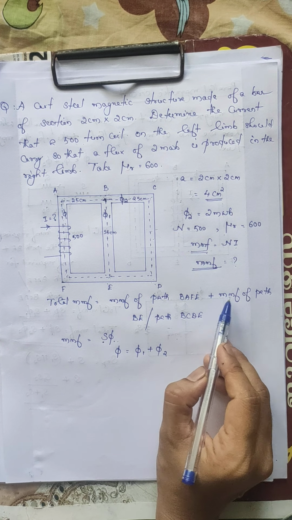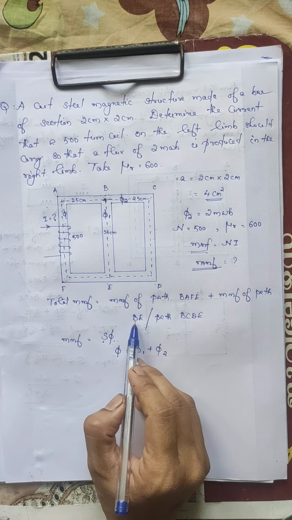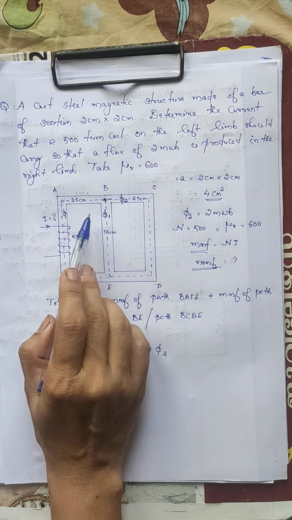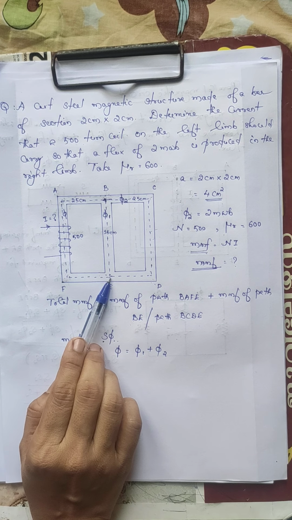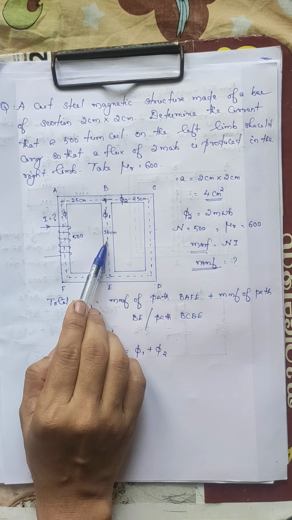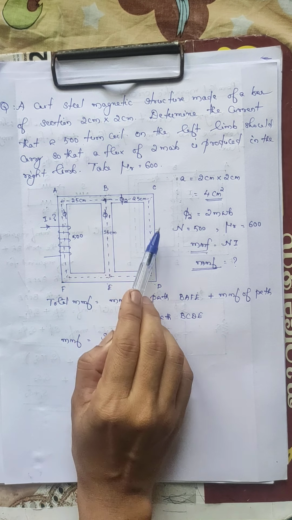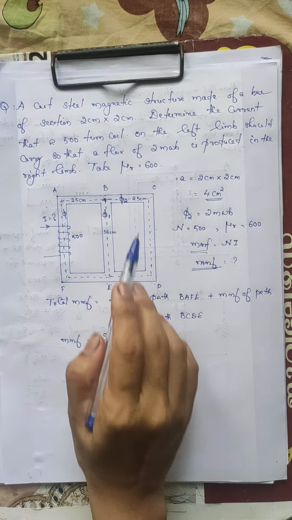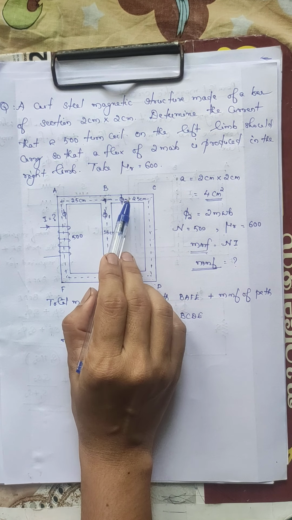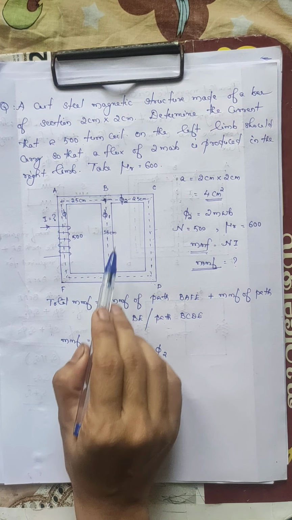Similarly, for the MMF of path BE or path BCDE, we need to know the reluctance of the path and its flux. What we know is the flux carried by path BCDE, that is phi 2.